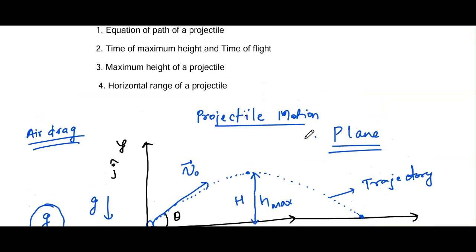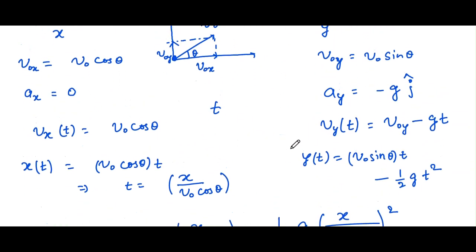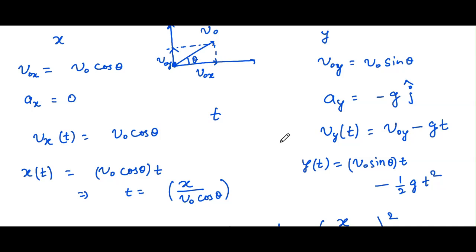Now moving to the next point, time of maximum height and time of flight. So how can we get that thing? Okay, time of maximum height. Just look at this equation. Here we have Vy equals V naught y minus g t.